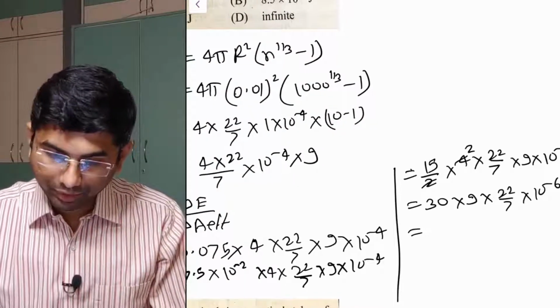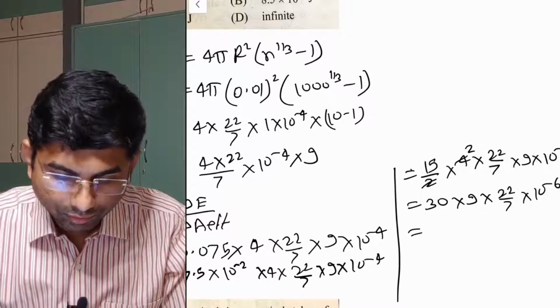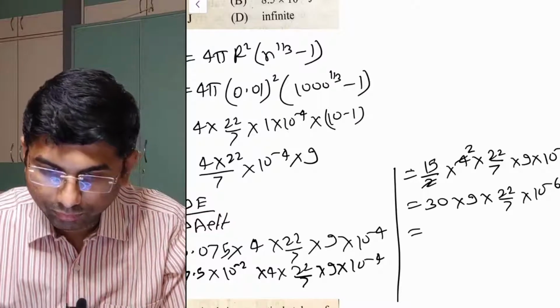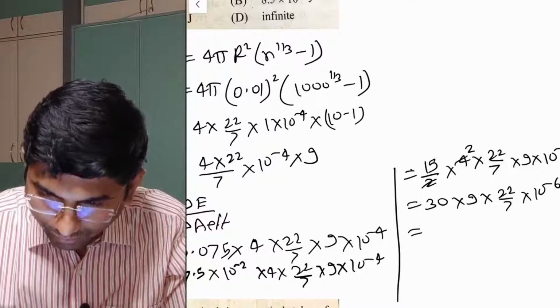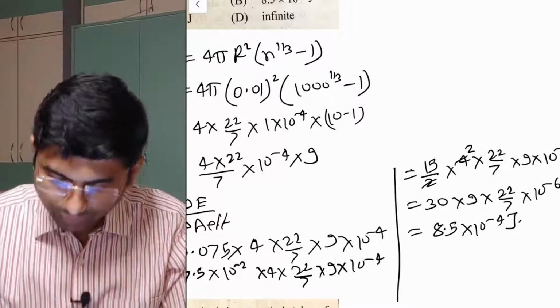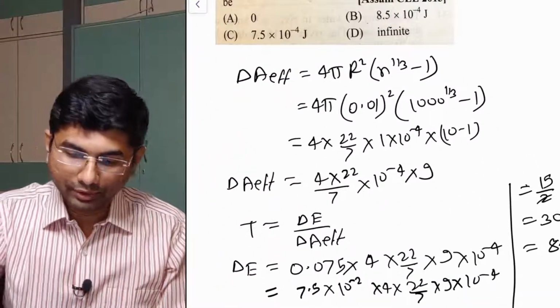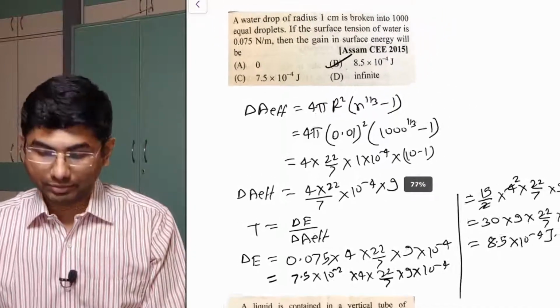The final answer is nearly 8.5 into 10 to the power minus 4 joule. That's the answer after solving it. Therefore, the answer will be option number B. That's our answer.